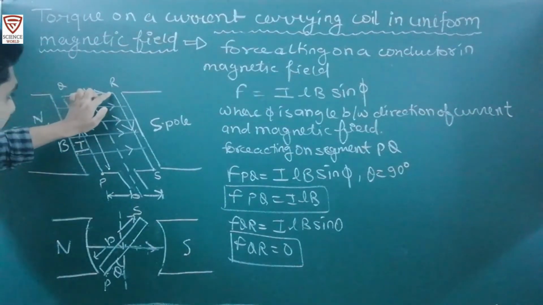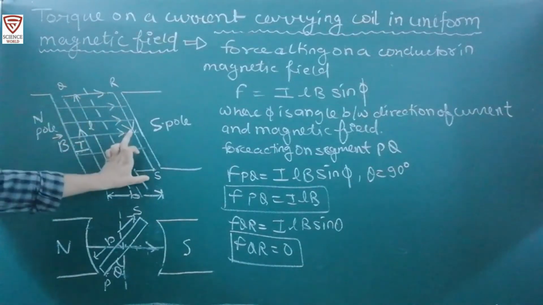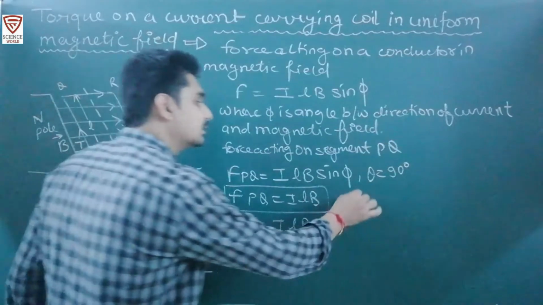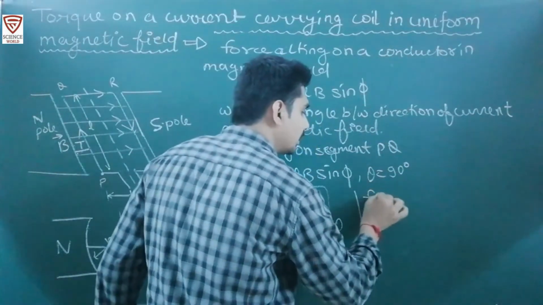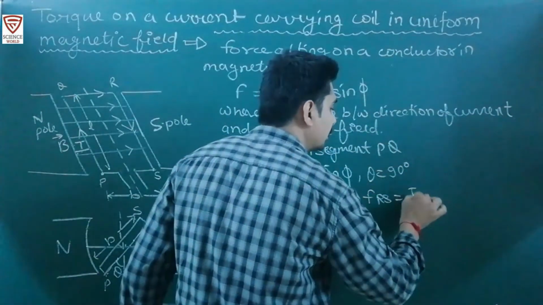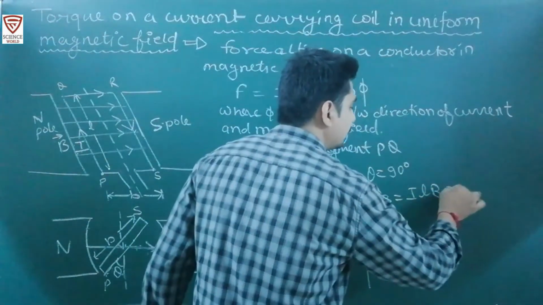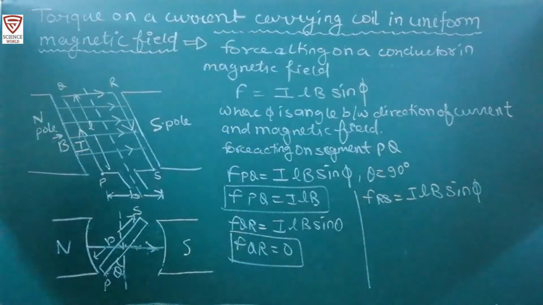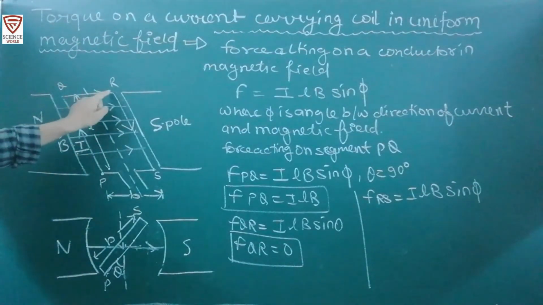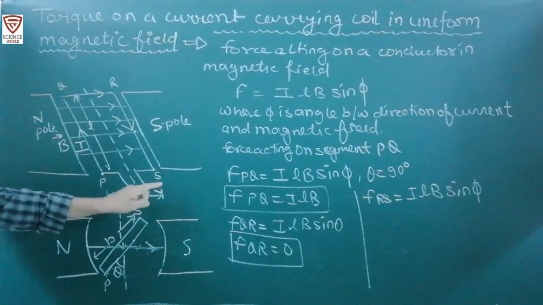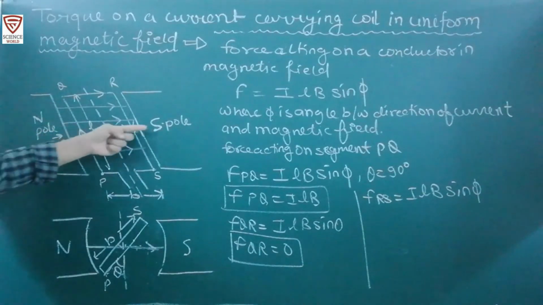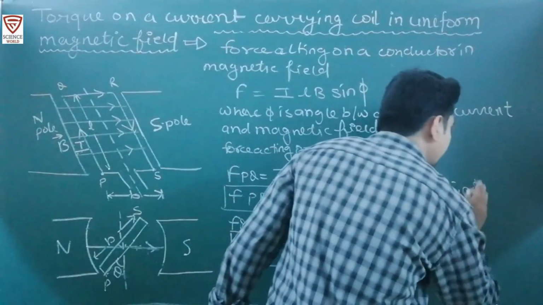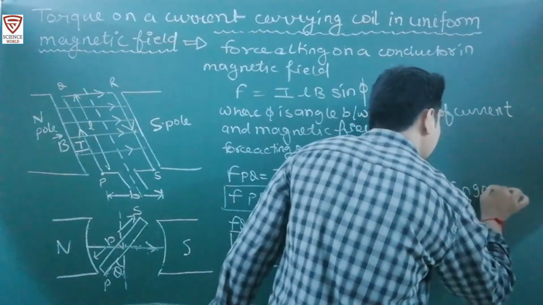Now we will take segment RS. So consider the force acting on RS is FRS. So FRS will be equal to ILB sin phi, and you will see the direction of current is in that direction and the direction of the magnetic field is in the perpendicular direction. So this phi will again be 90 degrees.